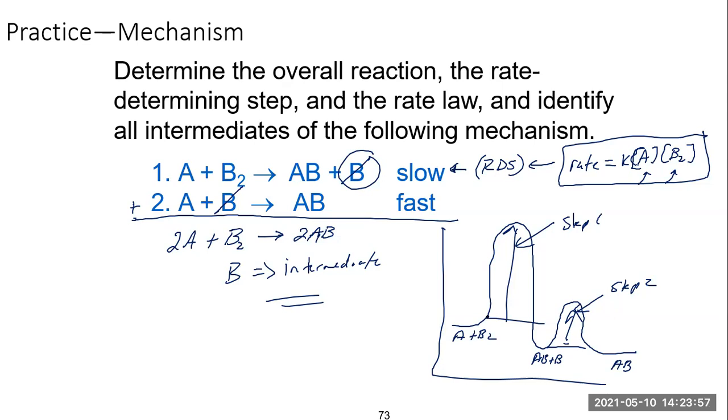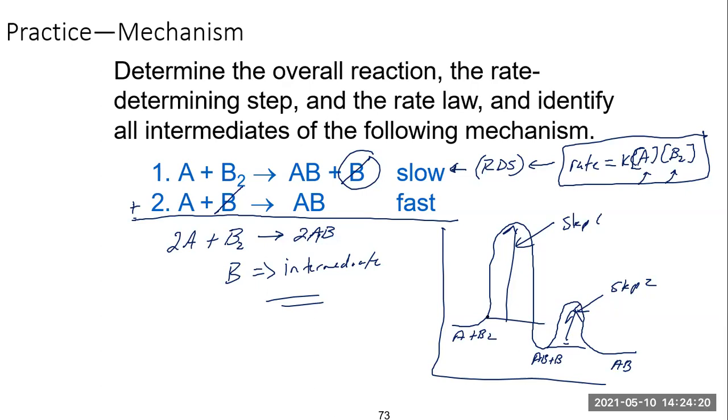The few examples that we did were good mechanisms, but they may not always be. If either the overall reaction or the rate law for the slow step doesn't match, then it's going to be a bad mechanism. Any questions on any of that there?